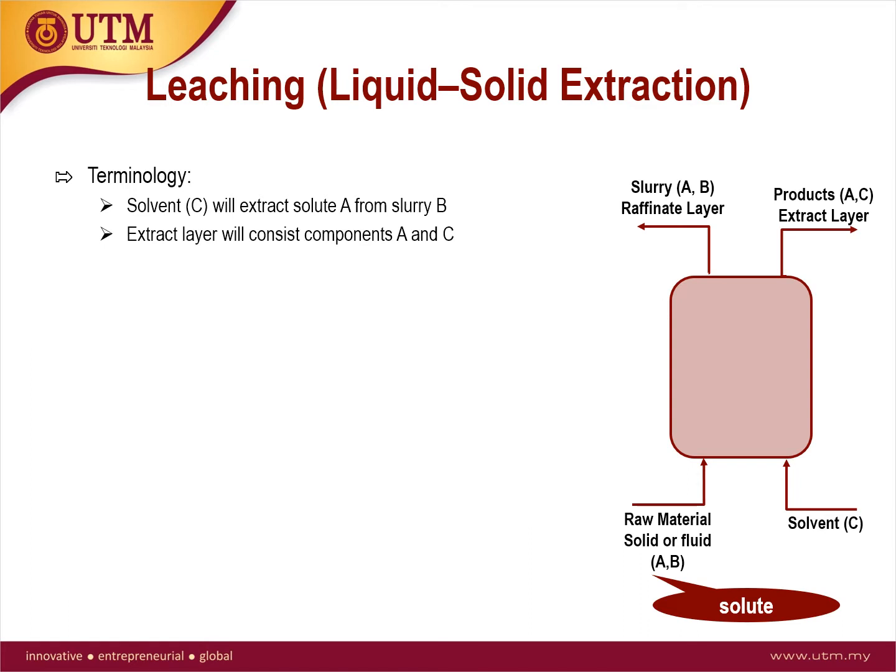Then the solvent C, enriched with the solute A, will come out from the leaching extractor, or the liquid-solid extractor, to form the extract layer that consists of component A and component C. Then some of the solute left with solid B will be removed from the liquid-solid extractor as a raffinate layer.